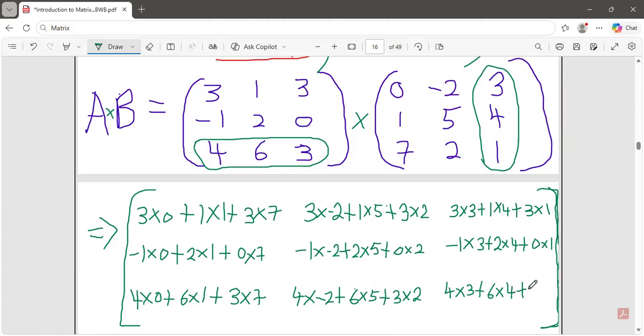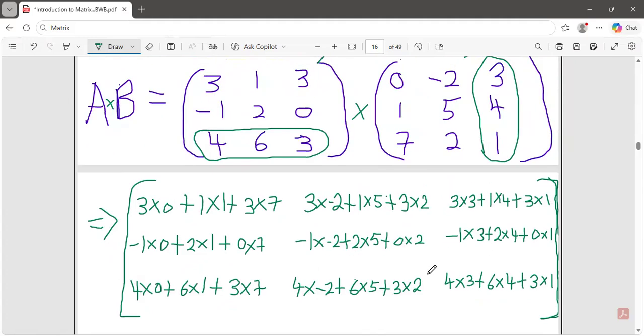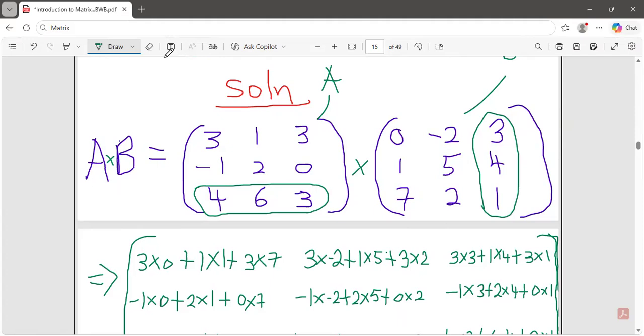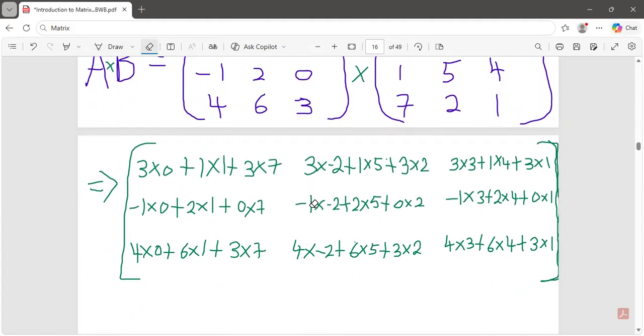Plus what? 3 times 1. Okay, yes. So once you're able to get something like this, then it means that you are almost done with the work. The rest is just a matter of simplification. So let's wrap up and see how best the answer may look.